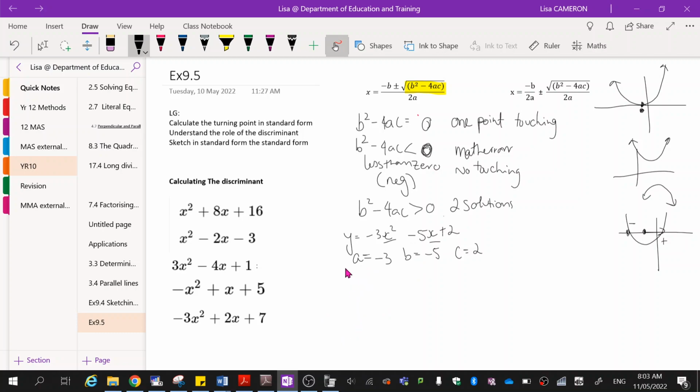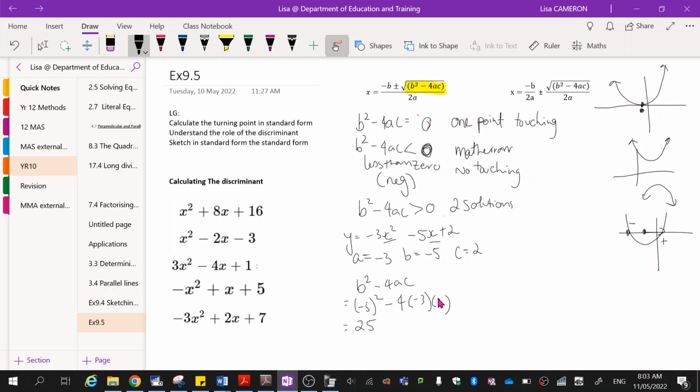Now I'm going to substitute these into the discriminant. First I'm going to state my formula, b squared minus 4ac equals, now I'm going to fill it in with my brackets to make sure funny things don't happen. Then I'm going to simplify what I've got. So 5 squared is 25.